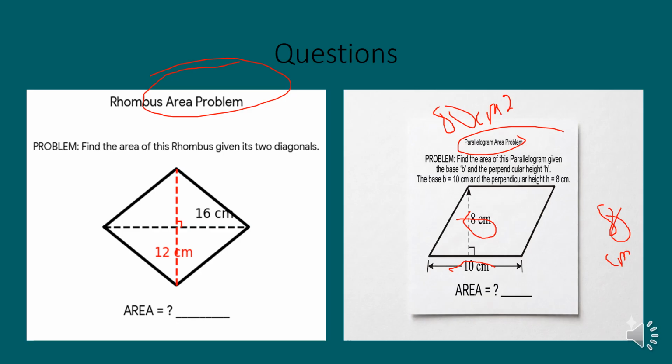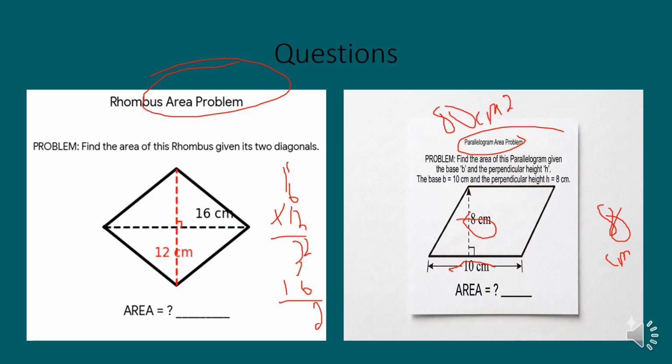Now, let's find the area of the rhombus. To find the area of the rhombus, you need to do 16 times 12 because it's given two diagonals. 16 times 12, what does that equal? So let's work it out together. 6 times 2 equals 12. 1 times 2 equals 2, and 2 plus 1 equals 3. 1 times 6 equals 6, and then 1 times 1 equals 1.